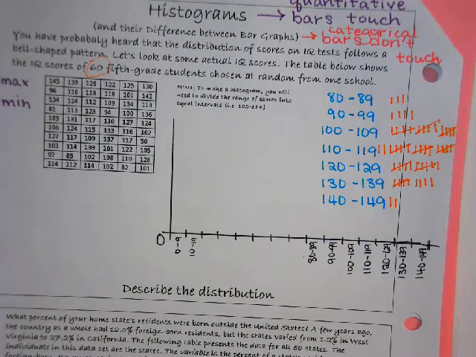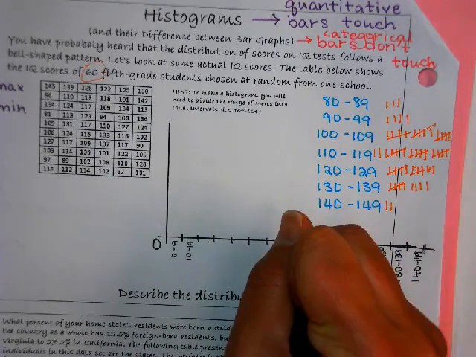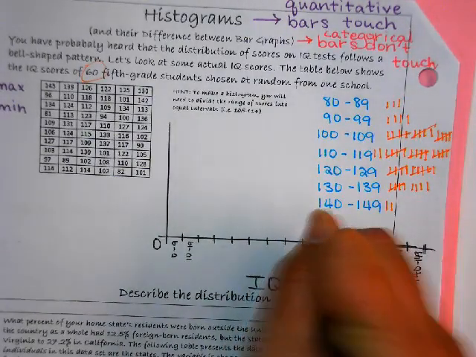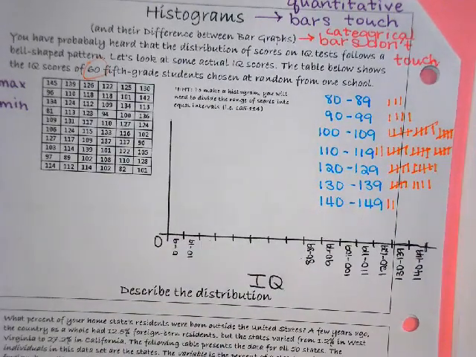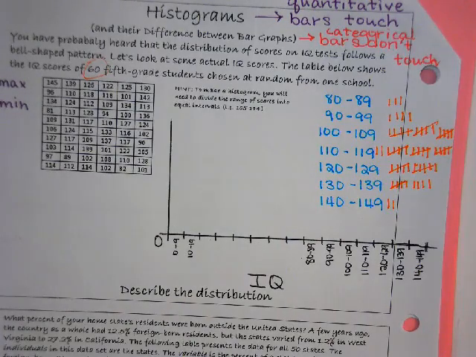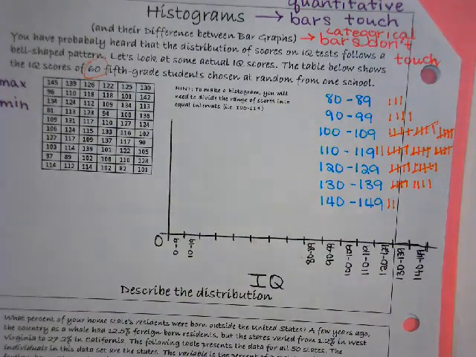When we make histograms, our Y is the frequency. I forgot to label down here, the X is the IQ. Our Y is the frequency, so how many IQs fall in that range? I have a 17.